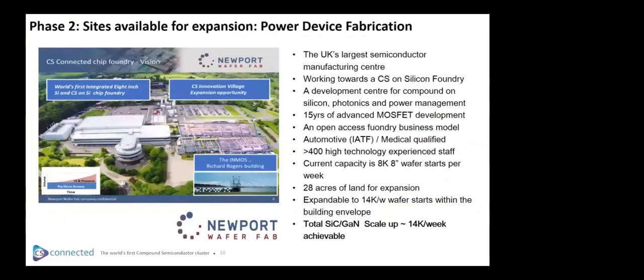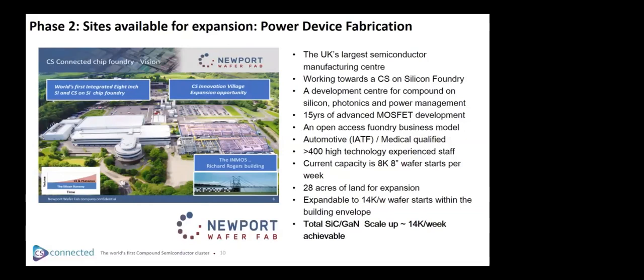In terms of fabrication, in Newport Wafer Fab, we have the UK's largest semiconductor manufacturing centre. It was formed 2 years ago as a management buyout from Infineon, although the site has been active for at least 30 years in terms of development of advanced power device development and manufacture.